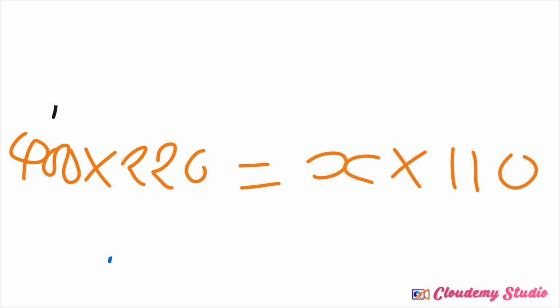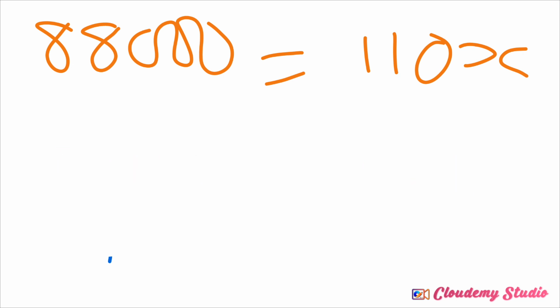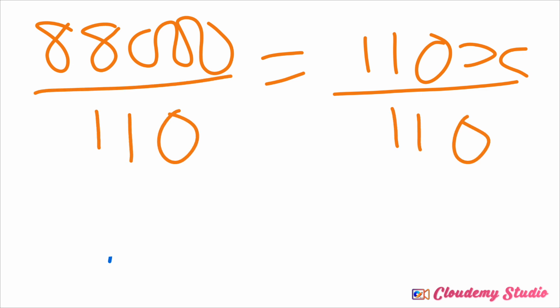So from here we multiply 400 times 220, which will be 88,000. So 88,000 equals 110x, meaning we divide both sides by 110.